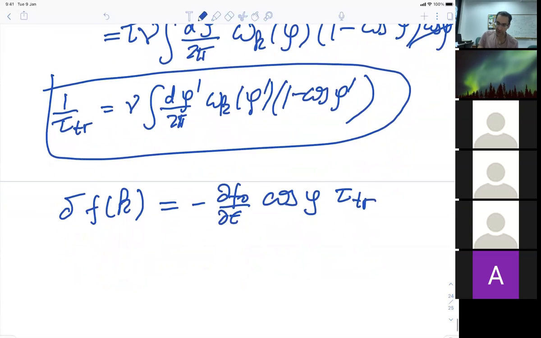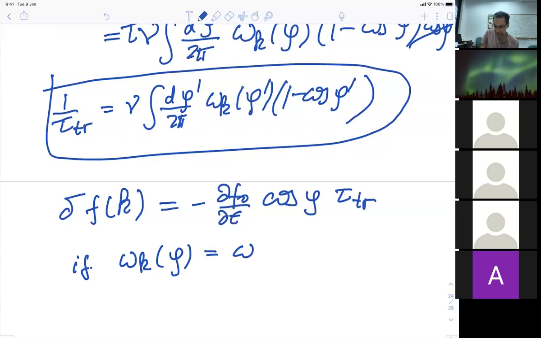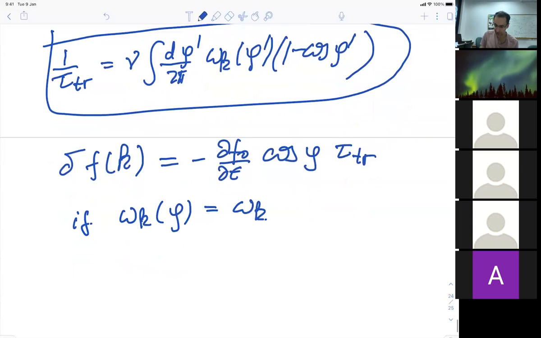If scattering probability Wk does not depend on scattering angle, it means so-called S-wave scattering: an electron comes into the system and scatters in all directions with the same probability.